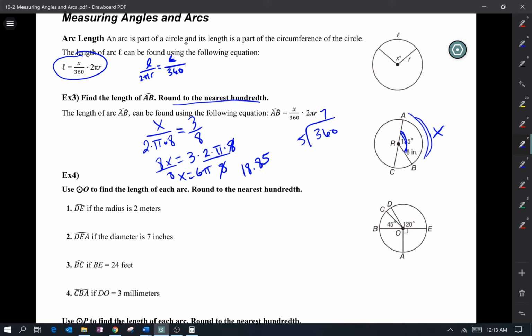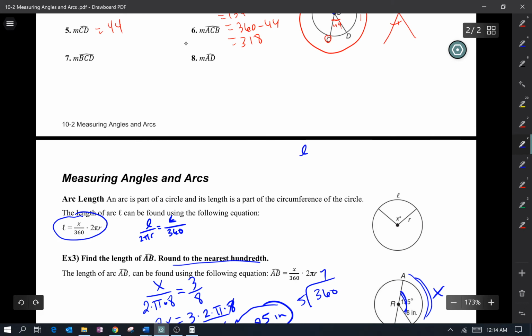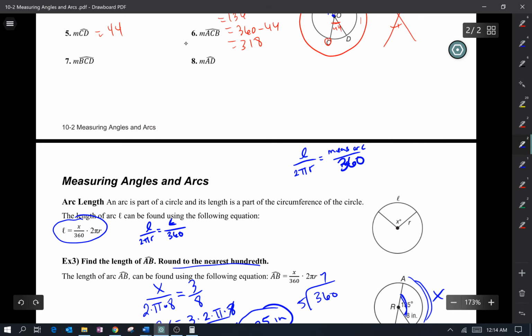All right, remember, the key to these is, once again, the length of the arc over 2 pi r is proportional to the measure of the arc over 360.